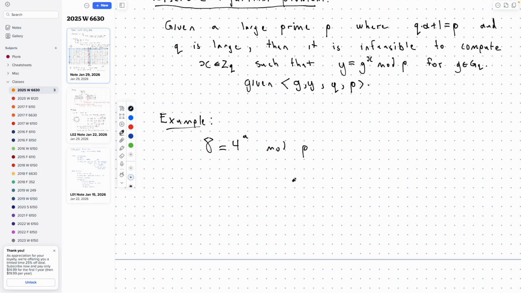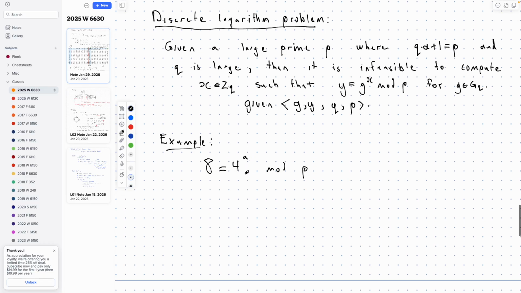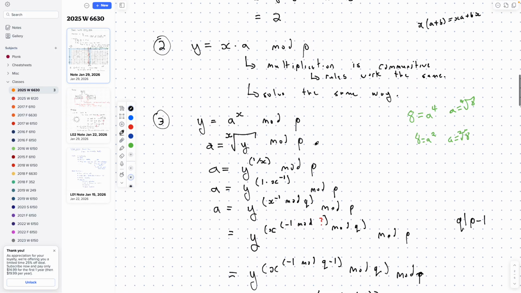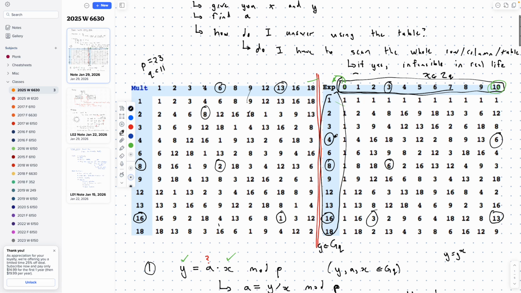Now, you can probably solve this just by looking at it, but let's go through the math anyway. I'm going to use my exponentiation table, and I'm going to say 4 to the power of something, I don't know what, gives me 8.